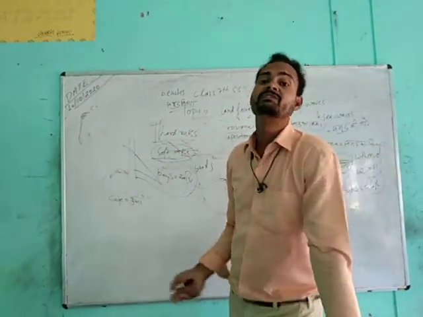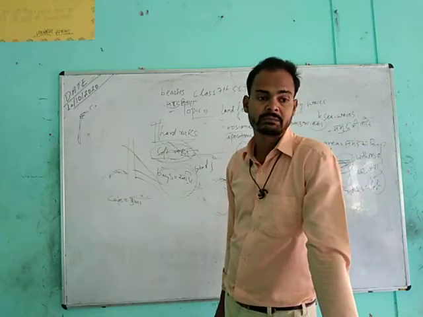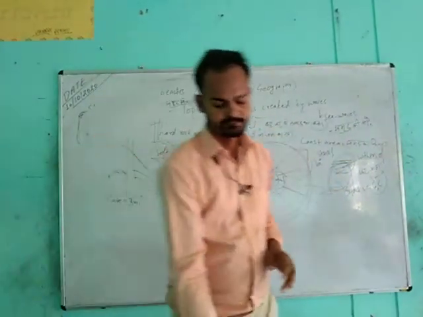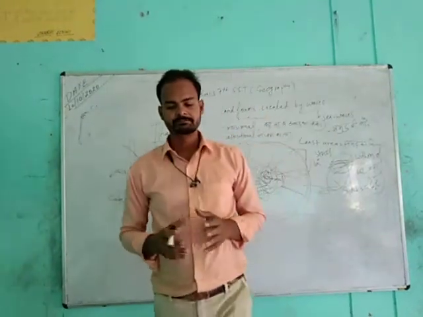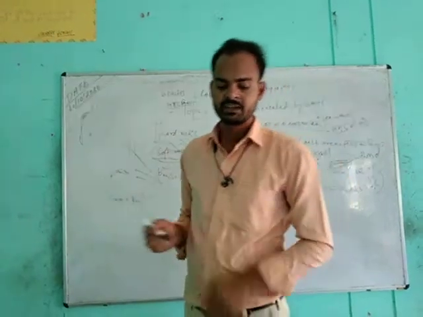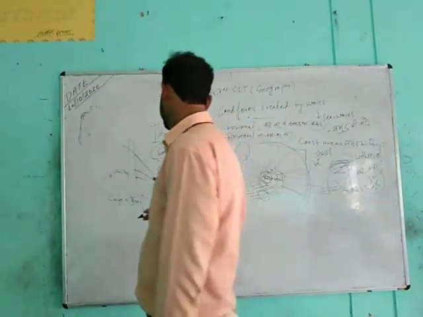As examples, we see the Bay of Bengal, Bengal ki khaadi, Bay of Khambhat, Khambhat ki khaadi, and different examples are there. Students, a bay is a broad inlet of the sea where the land curves inwards.